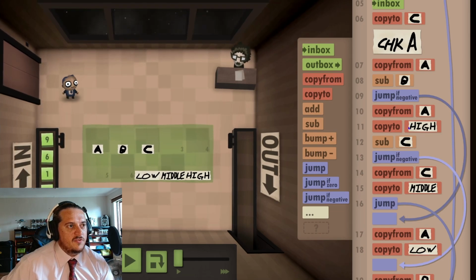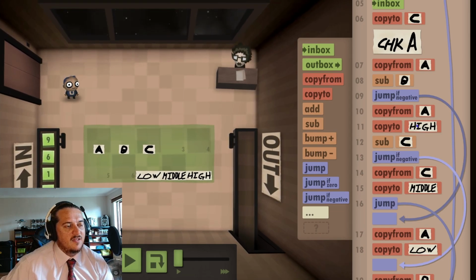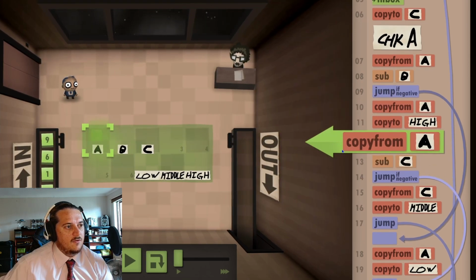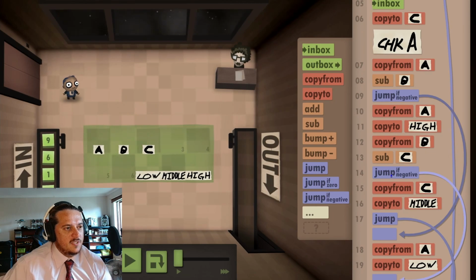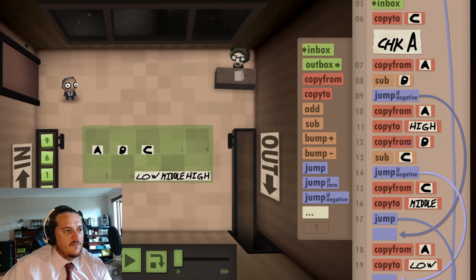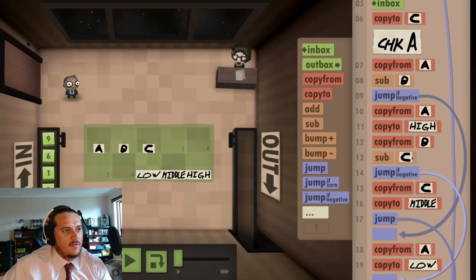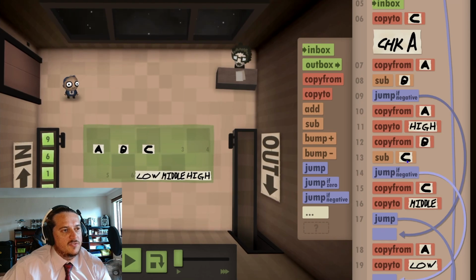Then I should actually do a test to see if B is higher than C. Copy from B sub C. So if negative, then it tells me positive.